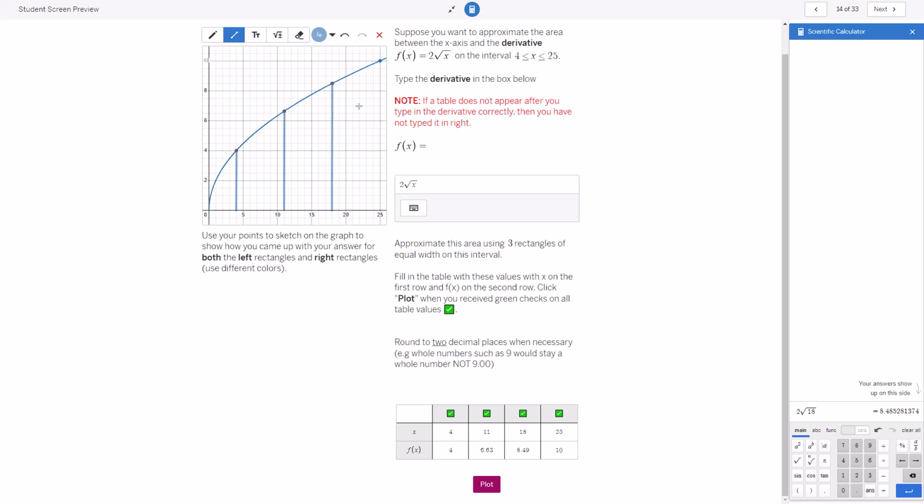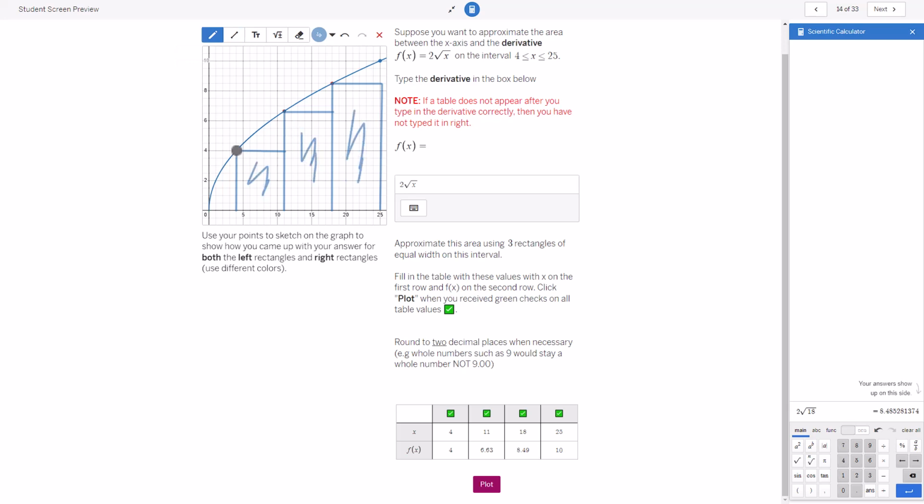This should hit 18. And then I'm not going to draw that one straight down. And then I go straight across. So there's 1 rectangle, 2 rectangles, and wasn't N equals 3? Oops, I went a little bit too far. Undo that. So I should stop right there and come straight down. So this madness here is going to be my left rectangle.